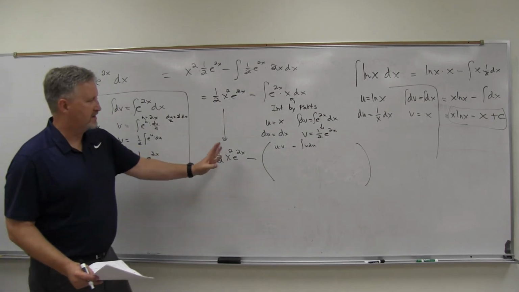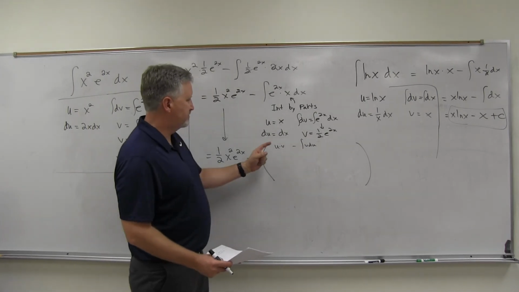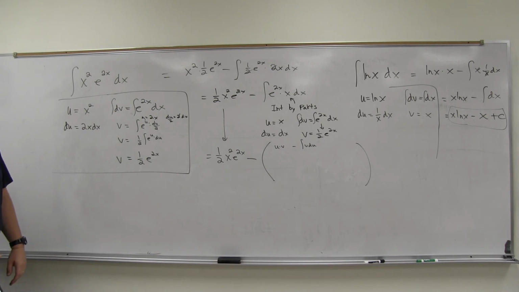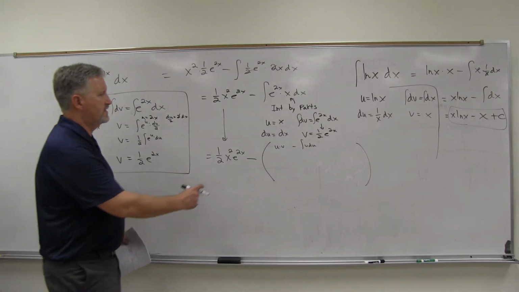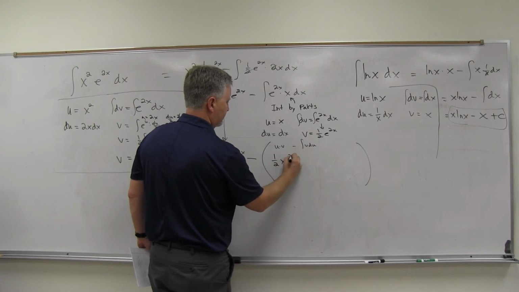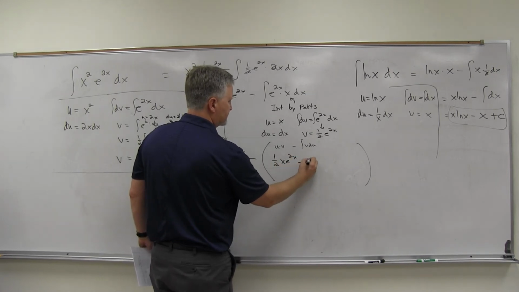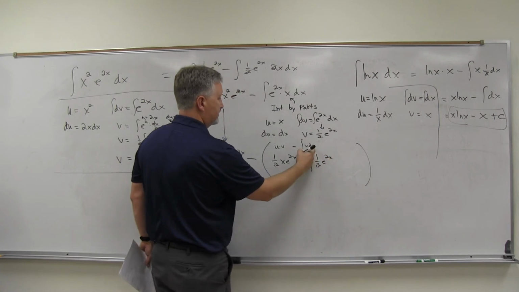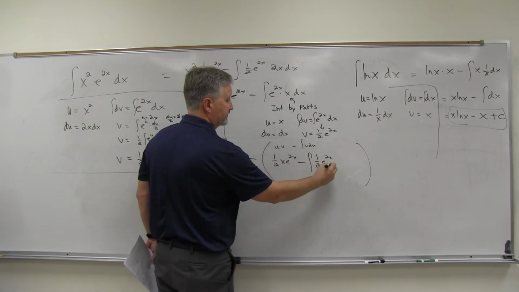But yeah, it's minus all of this, so it'd actually be minus uv plus the integral of v du. What do we got? U times v, so it'd be x times 1/2 e to the 2x again. Minus the integral of v, 1/2 e to the 2x, but the good news here is du is just dx.